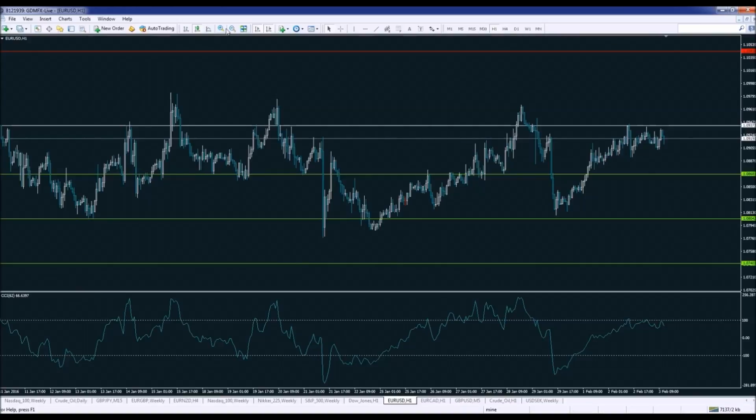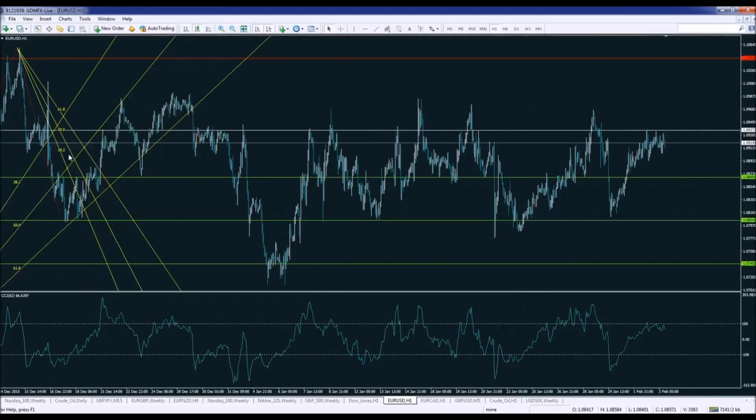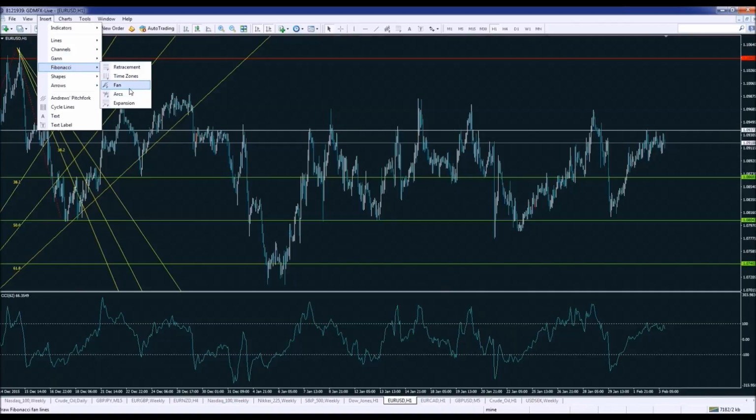So let's get back to those Fibonacci levels here on the cycle that the commodity channel index suggests, because we can see those cycles here are not very straightforward. This cycle, however, is making us take a look at it. That means we need to add another Fibonacci fan.